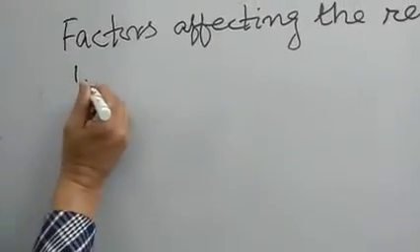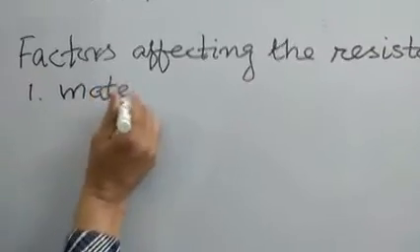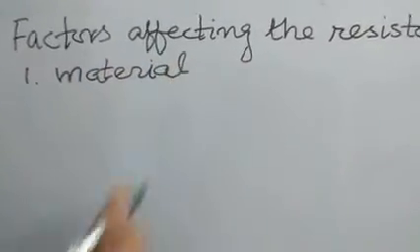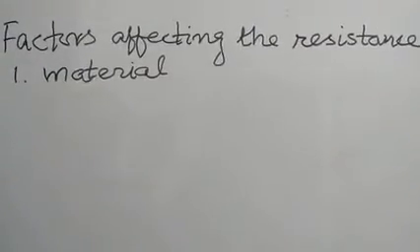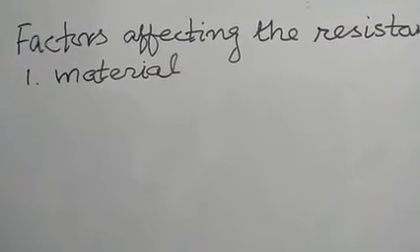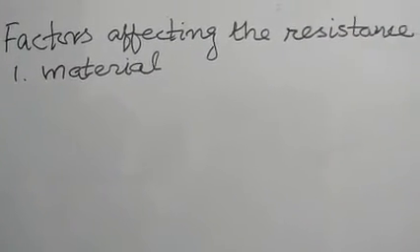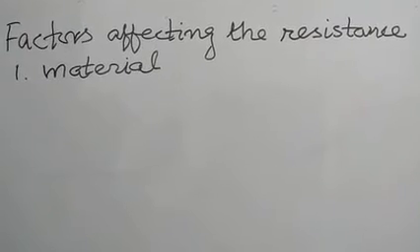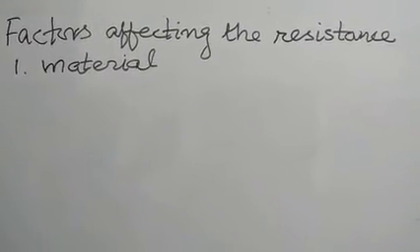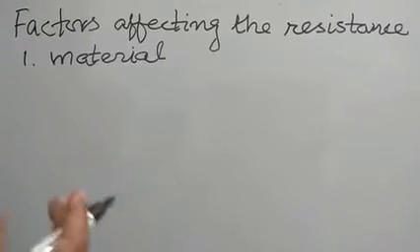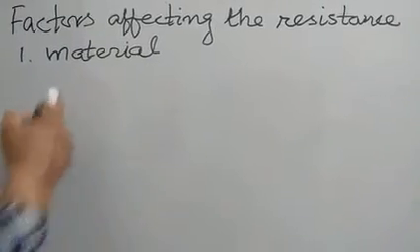Number 1 is the material of the conductor itself, because some metals have very little resistance to offer, and current can easily pass through them. Then there are metals or other materials or alloys through which the current does not pass so easily, but passes. But then there are materials through which the current almost doesn't pass at all. So depending on the material, the resistance will be different. So this will affect it.